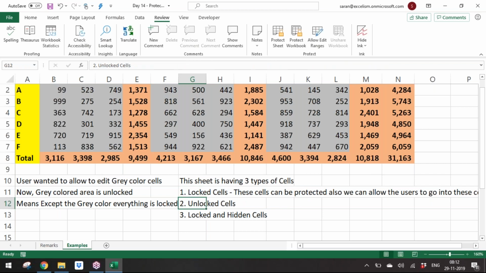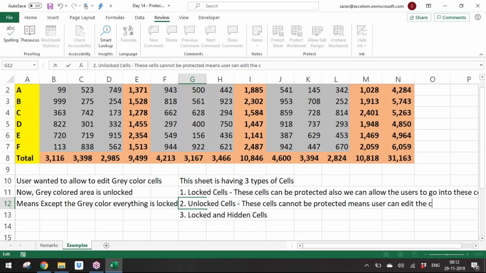Obviously, he can go into that cell. I can allow him, but he cannot edit. Unlocked cells. Unlocked cells means these cells cannot be protected. Means user can edit the cells.